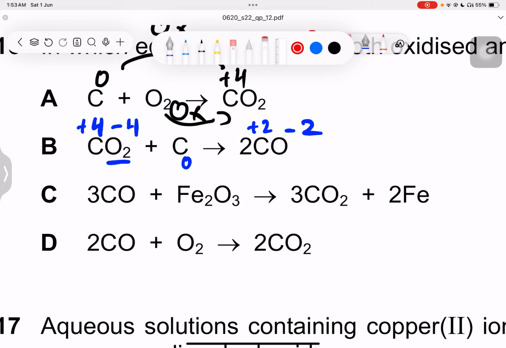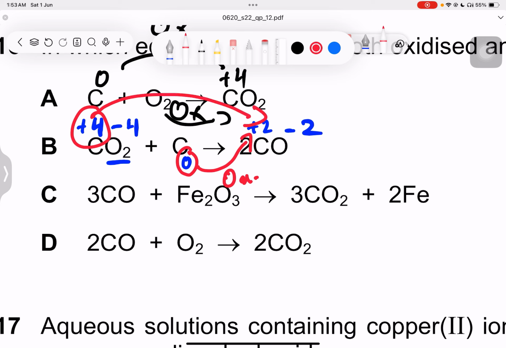Okay, so from 0 to plus 2, what happens? Oxidation. And from plus 4 to plus 2, minus 2 has happened. It has reduced by 2, so reduction. So option B is correct.